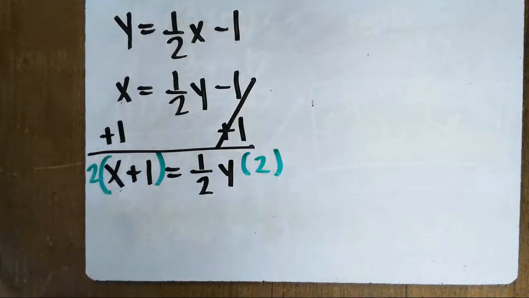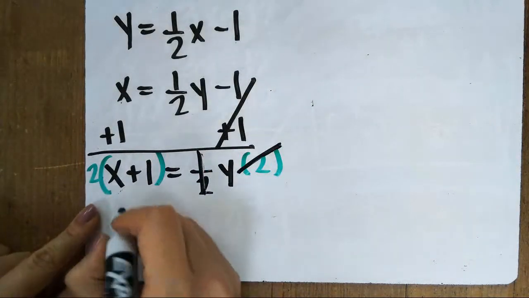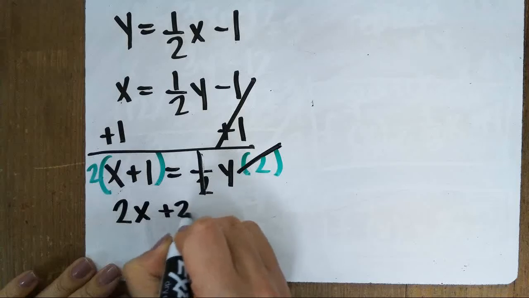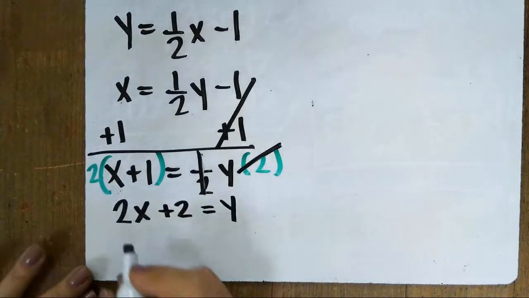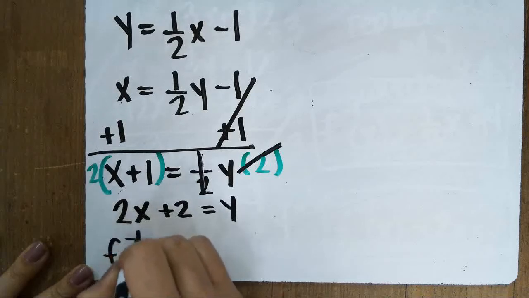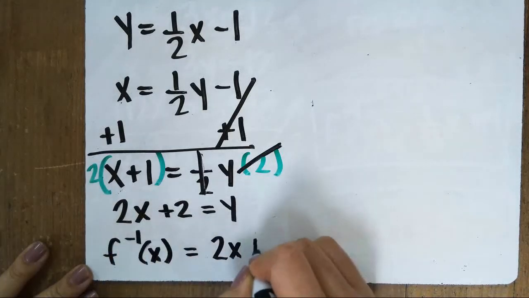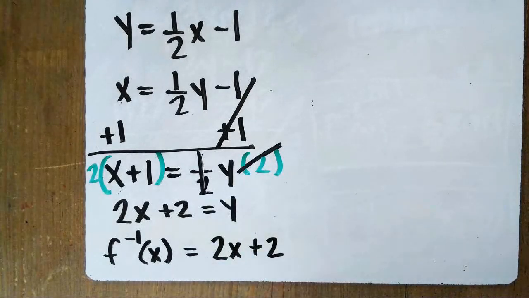Okay, now this fraction cancels out. 2 times x is 2x. 2 times 1 is 2. And you have your y. Now write it in function notation. So we have f^-1(x) equals 2x plus 2. Now, in order to graph that, we need to create a function table.